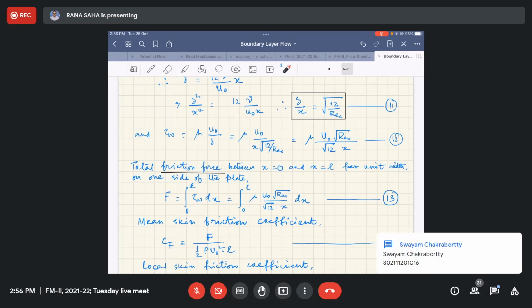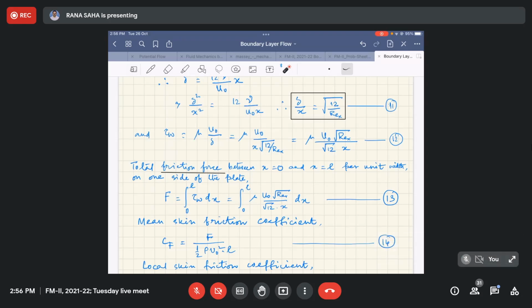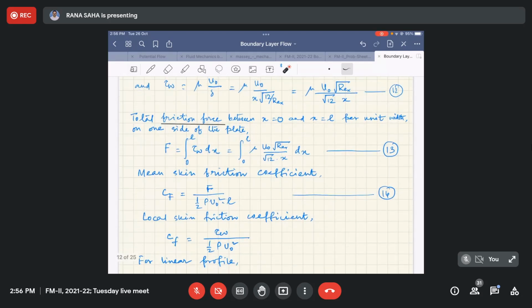So then there is a definition of coefficient that is known as mean skin friction coefficient, which is nothing but this friction force over half rho U naught square into L. Again, actually here there is into 1 unit depth.